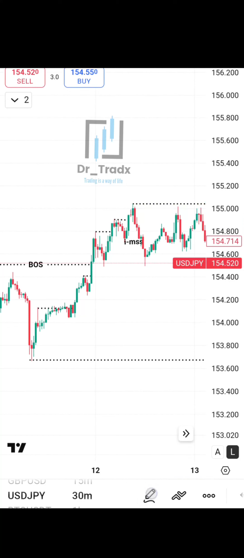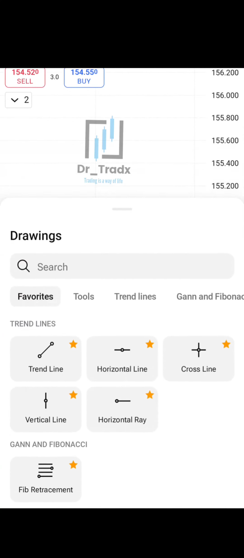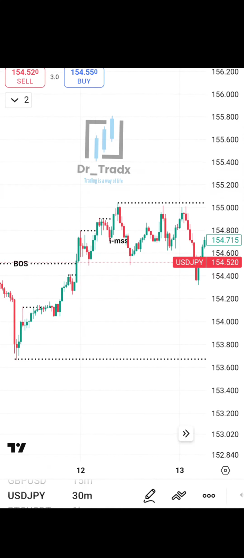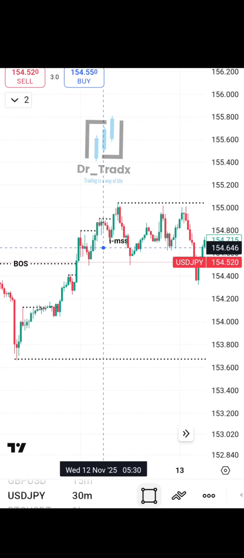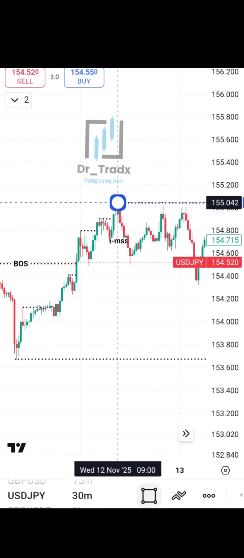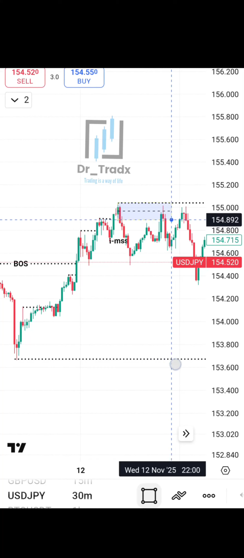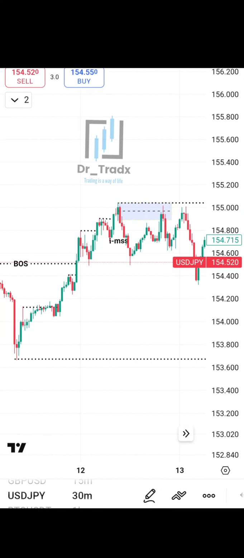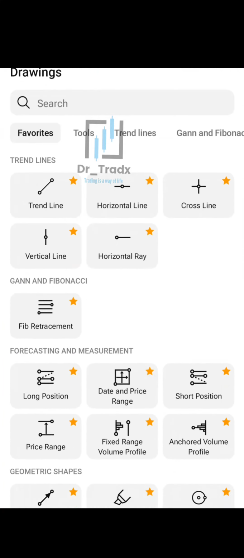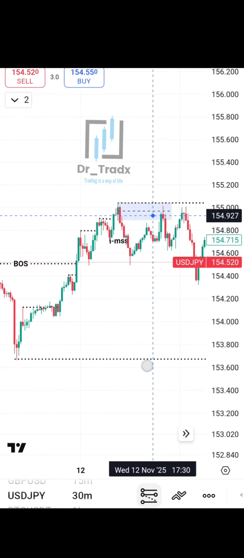Let me pull it back so that we can see. That is where I would expect to sell from if I was to sell a pullback. Then you put your short at that entry.